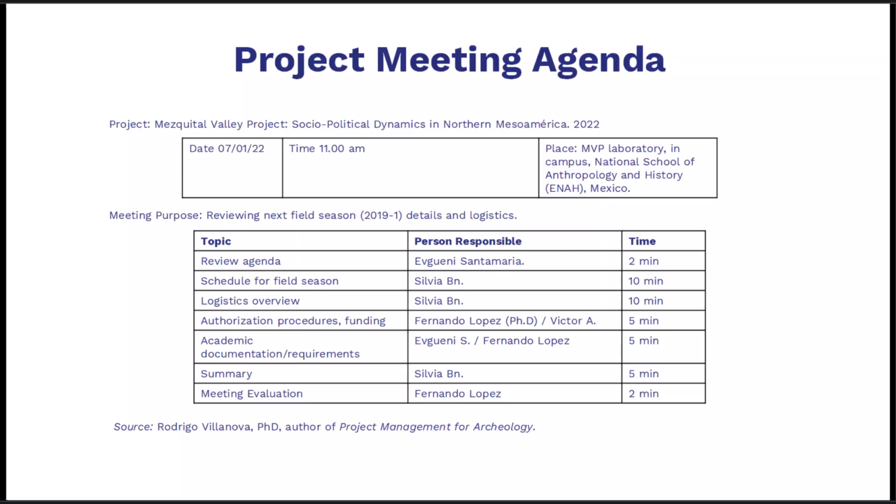Project Meeting Agenda. In this example, the agenda states purpose, location, and a time sequence of topics. It opens with a brief review, then covers schedules, logistics, funding approvals, and documentation. It concludes with a clear summary and a short evaluation to inform future meetings.